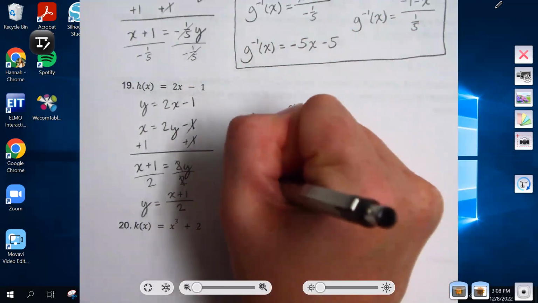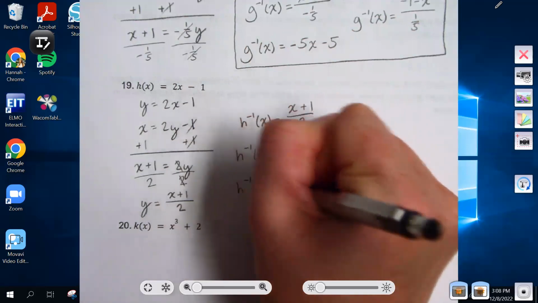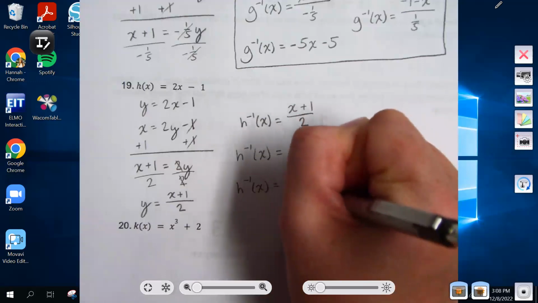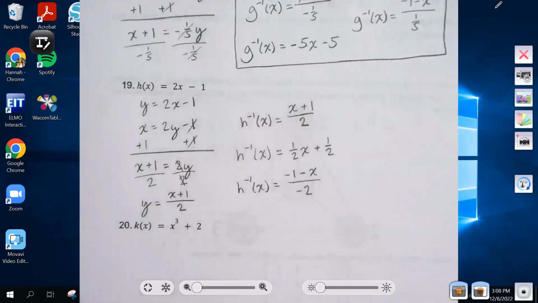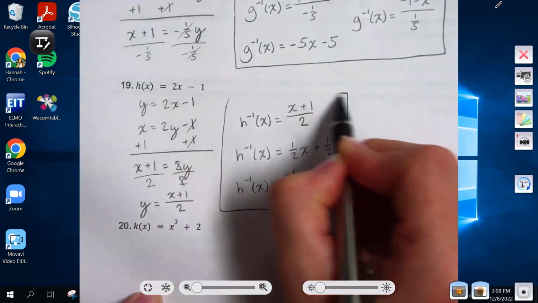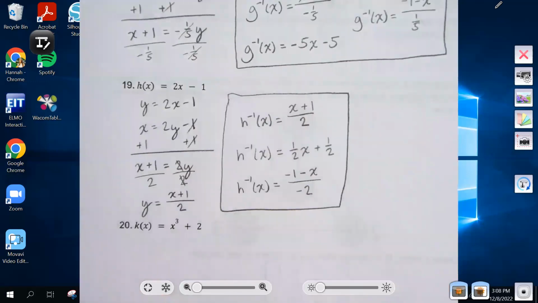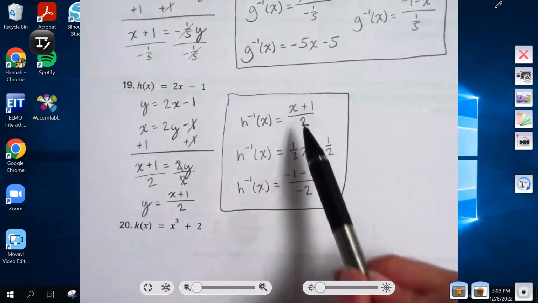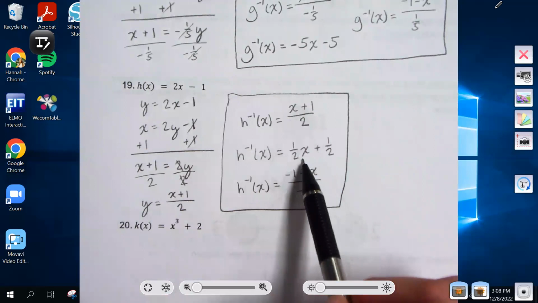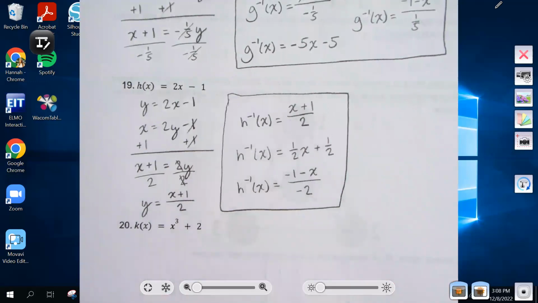Or you could have negative 1 minus x over negative 2, or negative x minus 1, either way. Anybody have something different than these 3 things? You don't have to have all 3 of these, by the way, just to make sure you understand that. These are just 3 different ways you could have your answer written, and they are all correct.